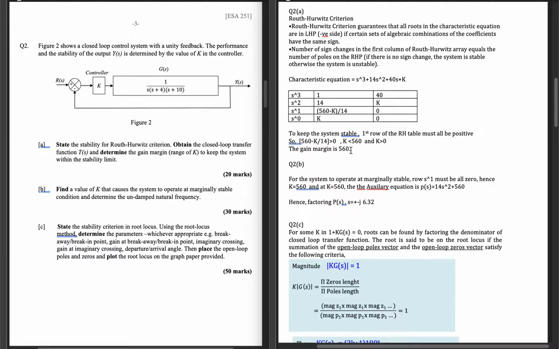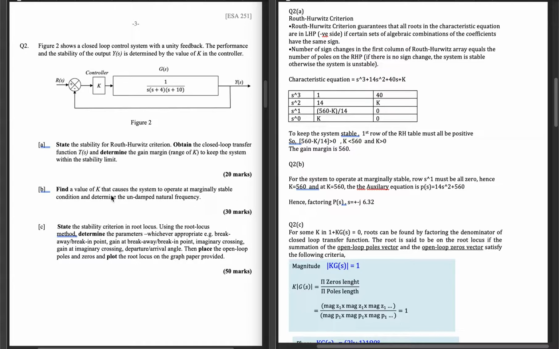Then we can say that the gain margin is the maximum value of K minus the minimum value of K. In this case, we have 560. If K is, let's say, 100, that means the gain margin is 560 minus 100, which is 460, something like that. Fair enough.